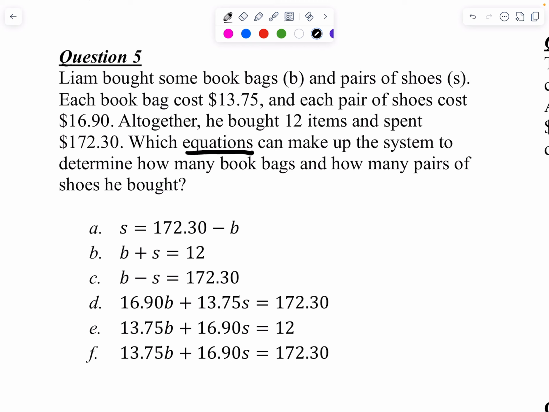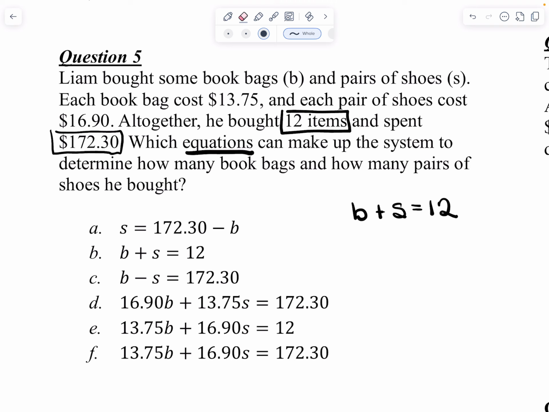So we have our totals are 12 items and $172.30. So of items, he bought book bags plus shoes, and he bought 12 items.